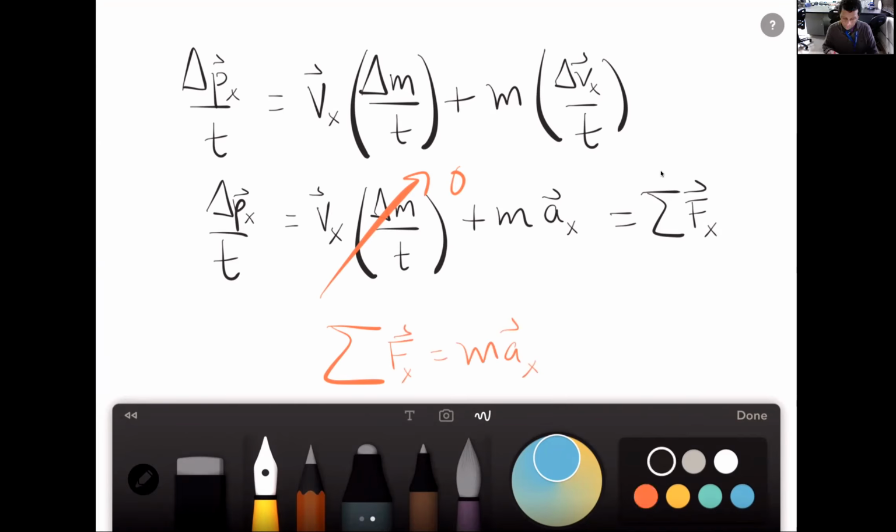This is the conservation of momentum. I want to say momentum is neither created nor destroyed, only transferred. So you have momentum on one particle, it can be transferred to another particle. So it's conservation of momentum.